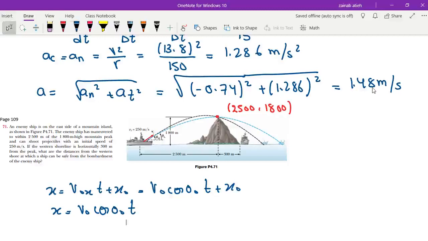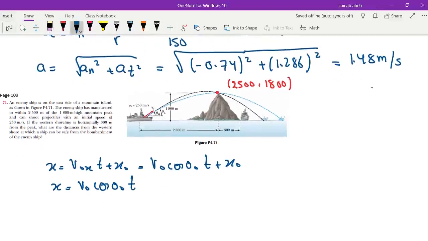I will leave v0 till the end to substitute. Y is equal to minus half g t squared plus v0y t plus y0.